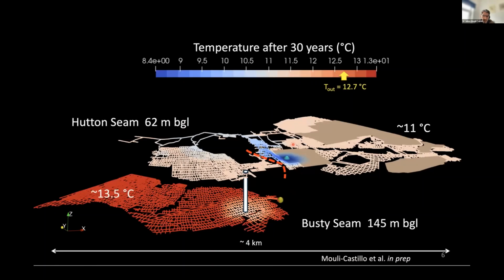Then beneath that, you have the Busty seam at around 140 meters below the surface, and that is around 13.5 degrees.